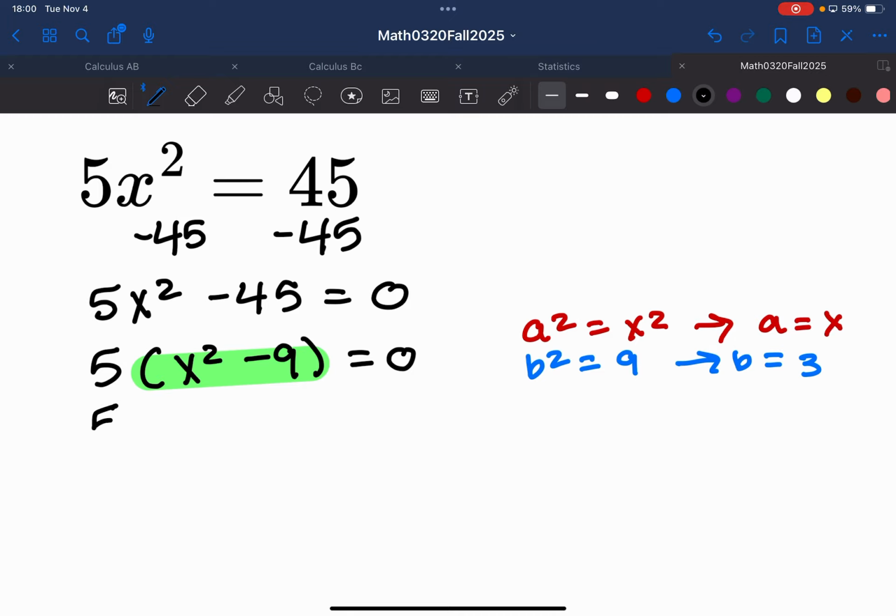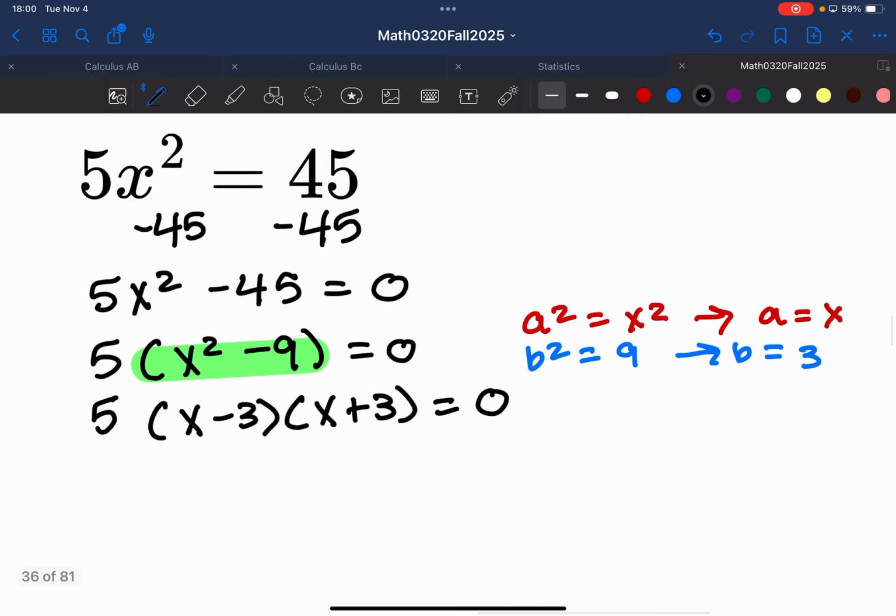So I bring down the 5, and I have 5 times x minus 3, x plus 3 equals 0. Okay, so again, this is bringing in the notes also from yesterday with those special cases.